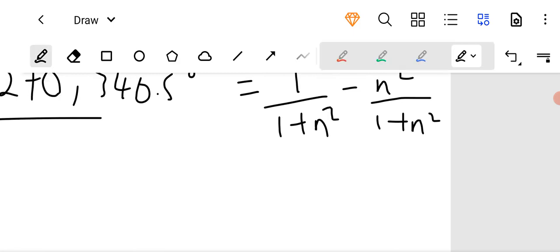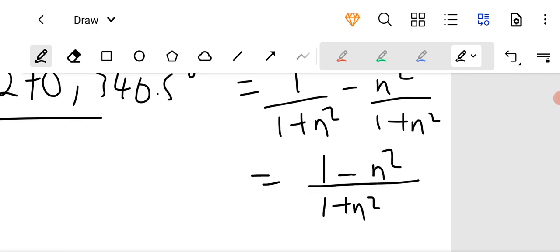Then it's going to become 1 minus n squared, like that, divided by 1 plus n squared. Let's do it like this so that it can make sense. Lowest common denominator is 1 plus n squared. 1 minus n squared over 1 plus n squared.